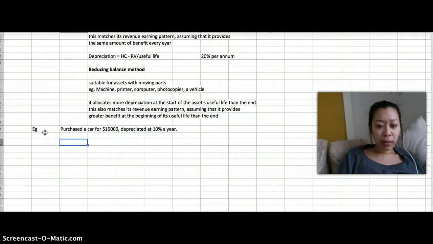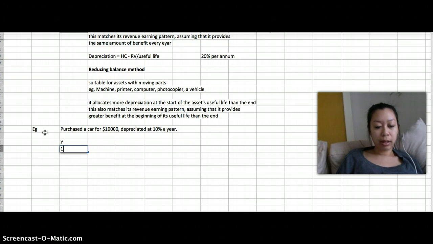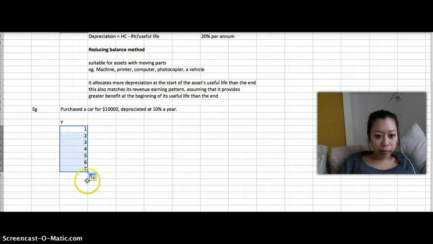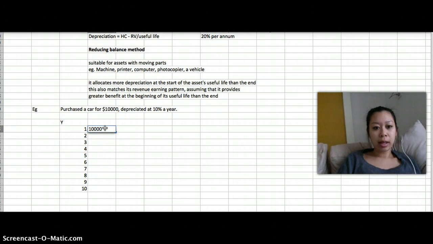So if you bought a car for $10,000, depreciating 10% a year, then if you map out every year, you can see that in the first year you're going to depreciate $1,000, and with the straight line method, you actually keep using the same formula.